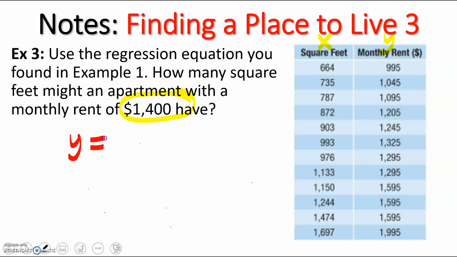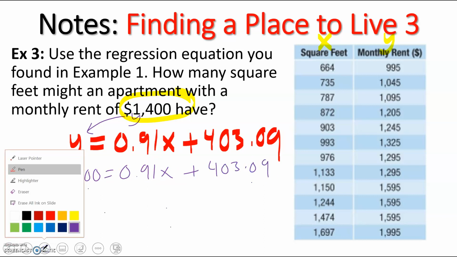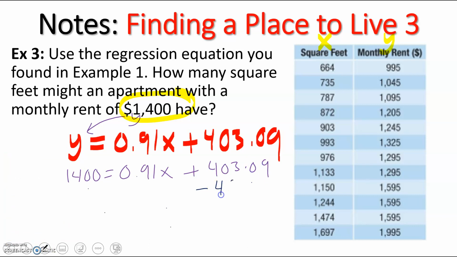If you remember from before, we have Y is equal to 0.91x plus our 403 and 9 cents. Now, the difference here is we're actually going to be taking our Y value and plugging it in. So we have 1,400 is equal to 0.91x plus 403 and 9 cents. Our objective is to solve this equation for x, so we're going to remove anything that's on the same side of the equation with the x, starting with the plus 403.09.